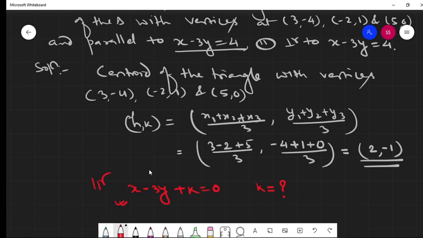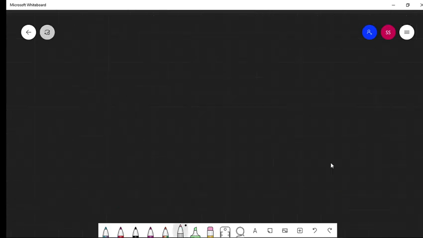For the perpendicular line, you can exchange the coefficients. If you are given ax + by + c = 0, the perpendicular line is bx - ay + c = 0. In this way you can change the equation, which passes through this vertex, and find the value of k and the solution.